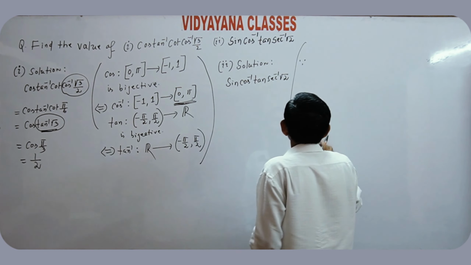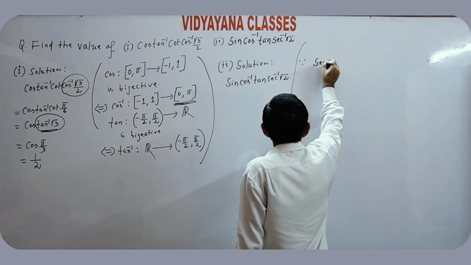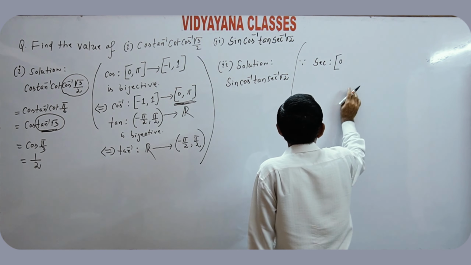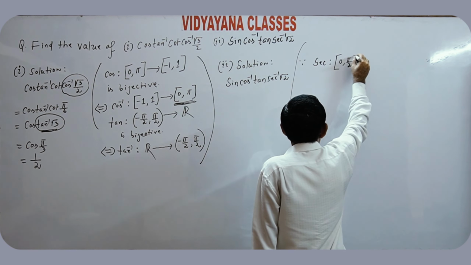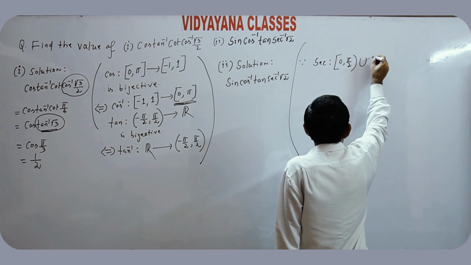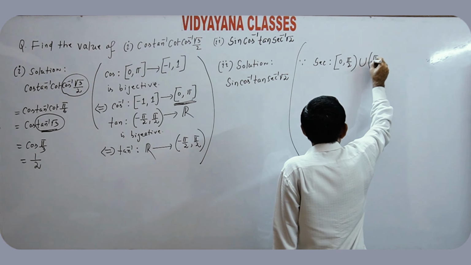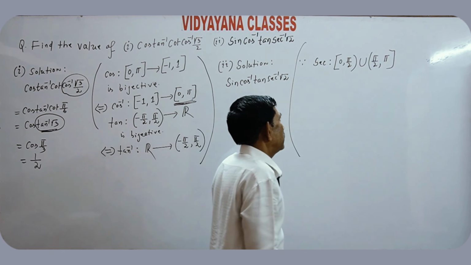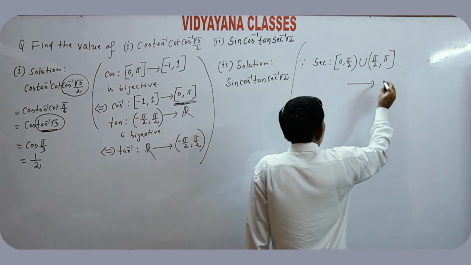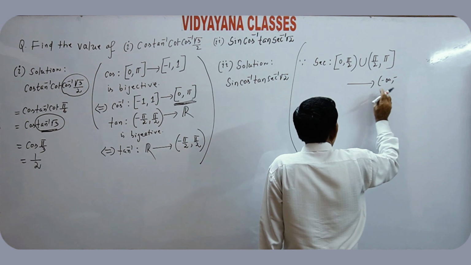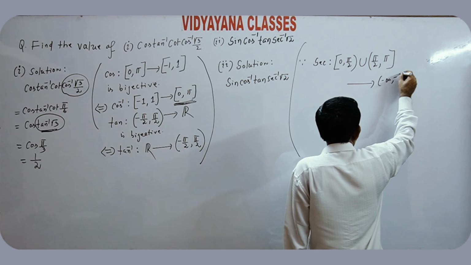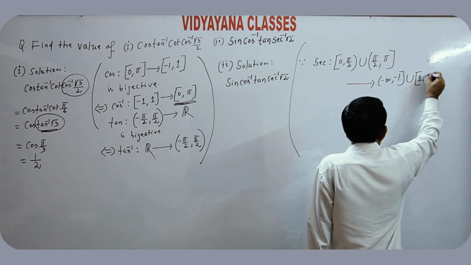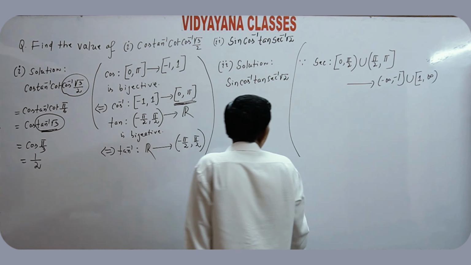Since sec from the closed interval 0 to pi by 2, union open interval pi by 2 to pi, to the set open minus infinity to minus 1 closed, union closed 1 to infinity open, is bijective.